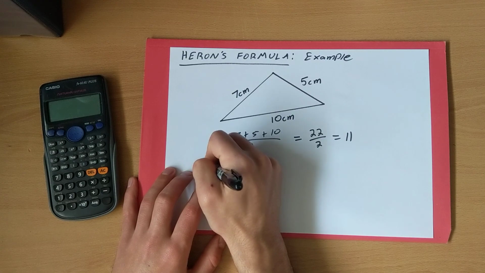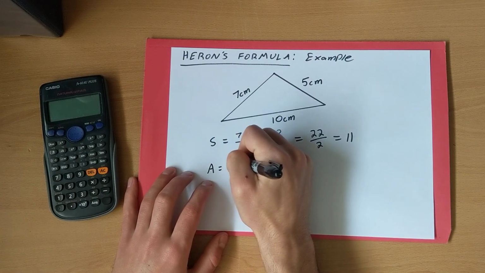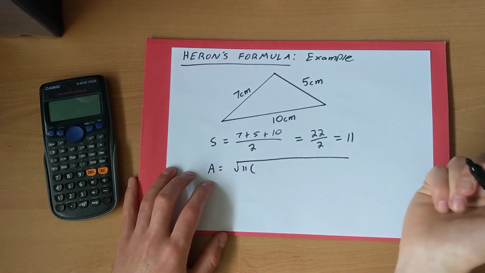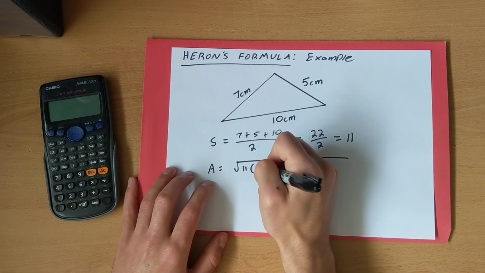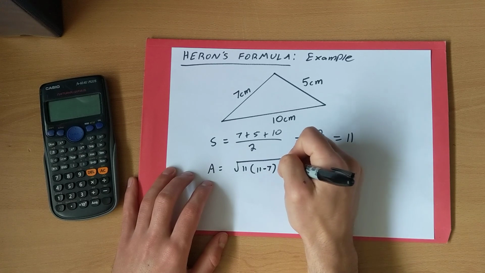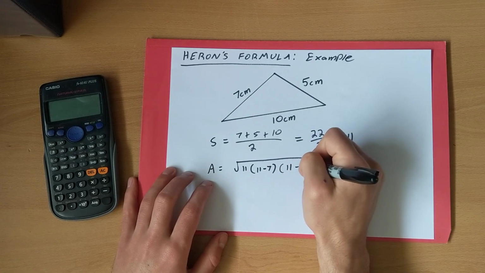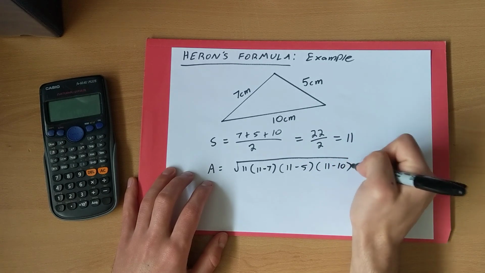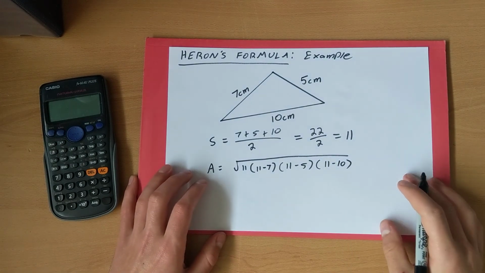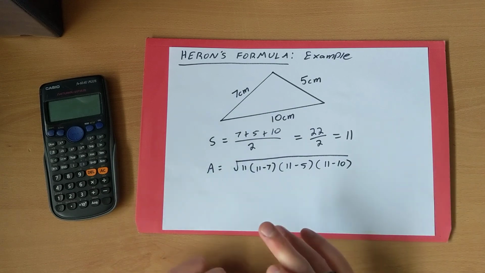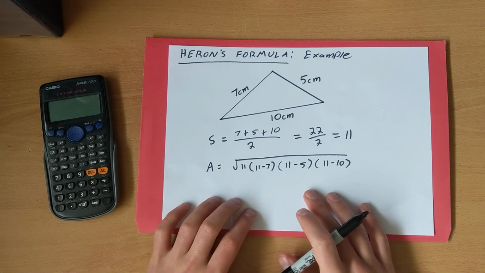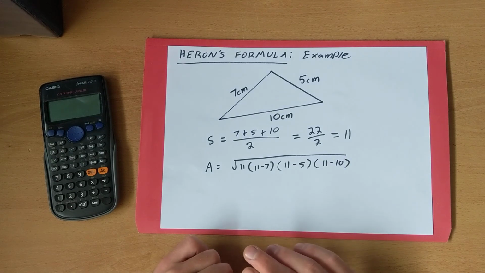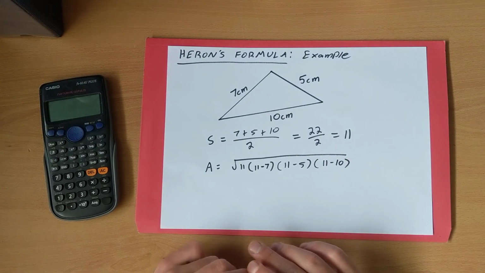The area is then the square root of 11 multiplied by (11 minus 7) multiplied by (11 minus 5) multiplied by (11 minus 10). Now, of course, I could stick that whole thing straight into my calculator, and if you're using your ClassPad and you can see really clearly what you're doing, then that would probably be the easiest and best way to do it.